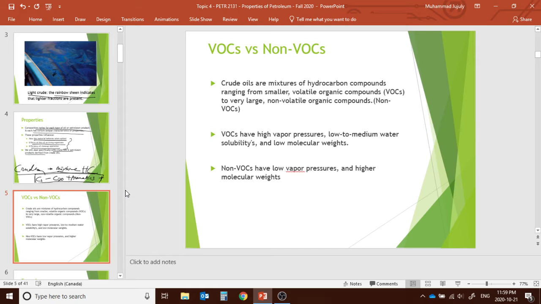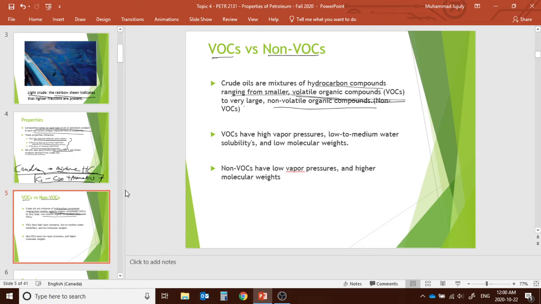We can categorize them in two ways: VOCs and non-VOCs. VOC means volatile organic compounds, which are volatile. The hydrocarbon compounds range from smaller volatile organic compounds, or VOCs, to very large non-VOCs.